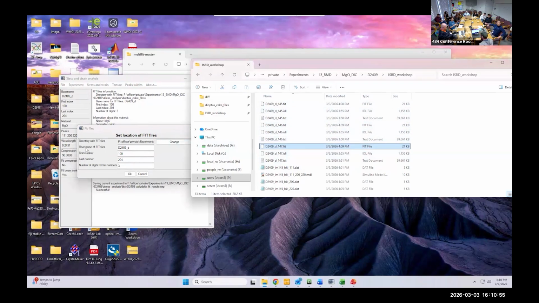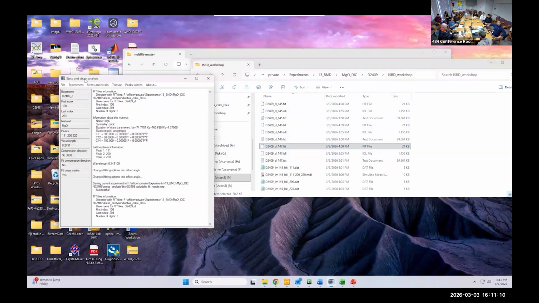So the root name is D2409_D. We're going from 100 to 204, and there are 3 digits. So it just found them.